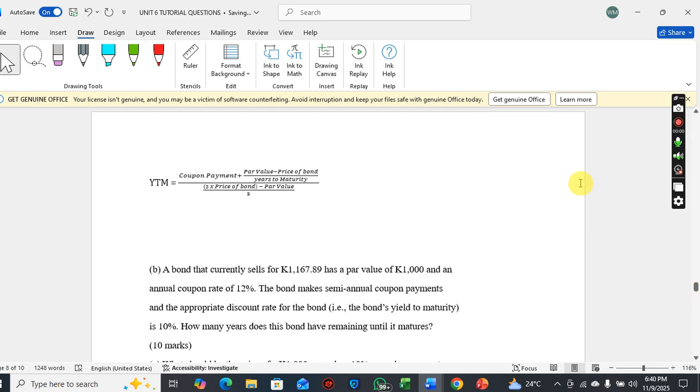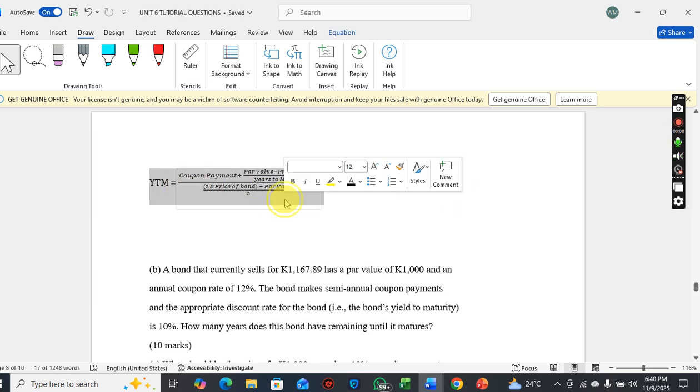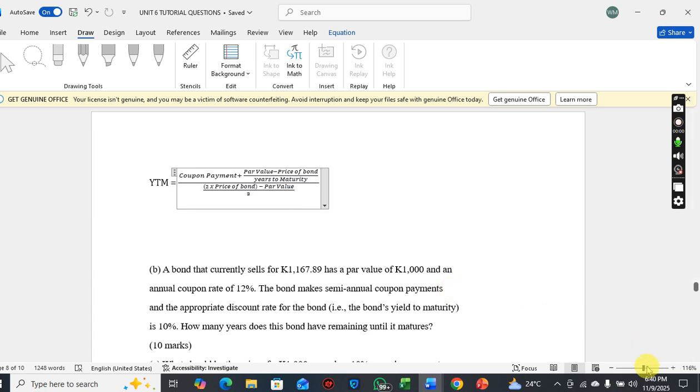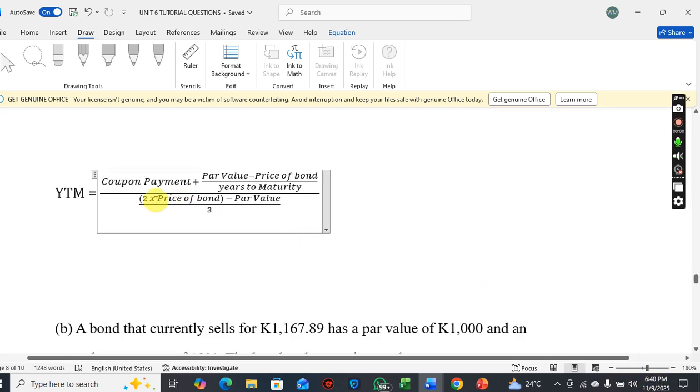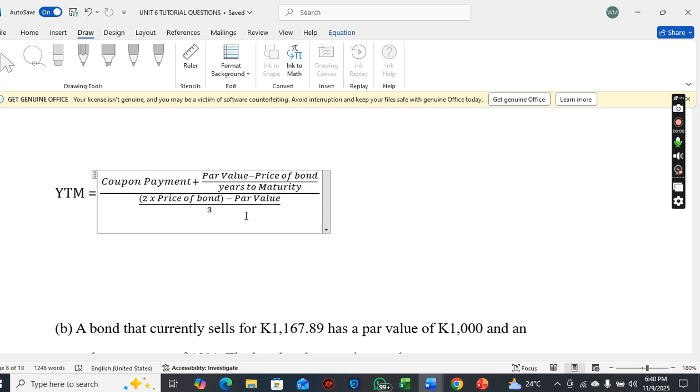You won't get the same answer. It will be different. This thing makes the denominator a bit big. But to be on the safe side, since it's from his notes where I got his formula, let me just show you.